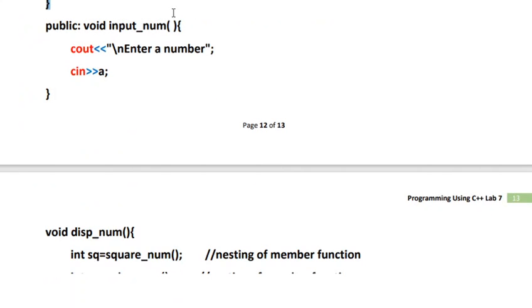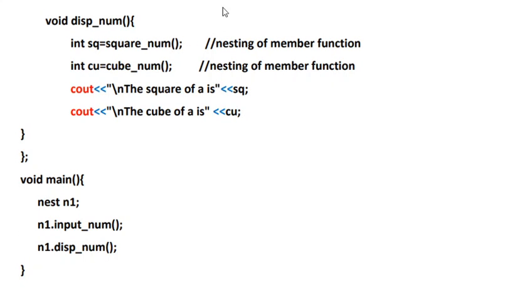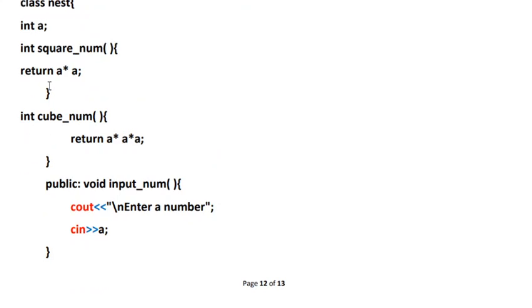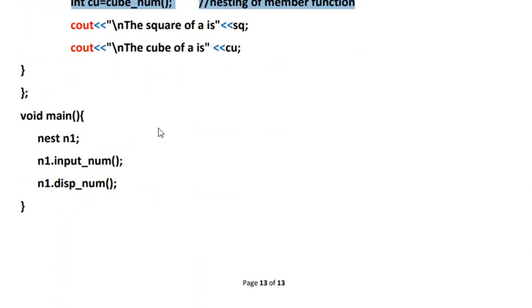It's the same program with a small minor change where cube num is placed in the private section of the class. So this is a very simple example of how to access a private member function.